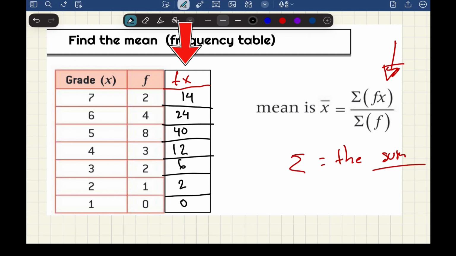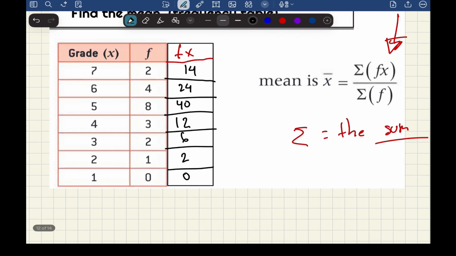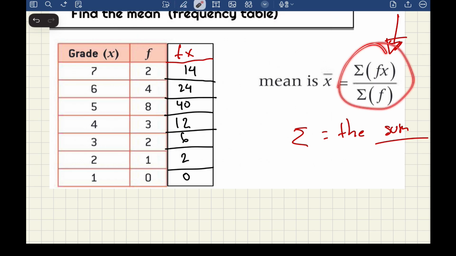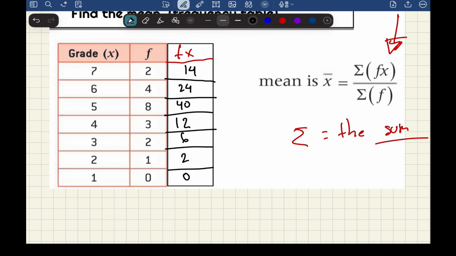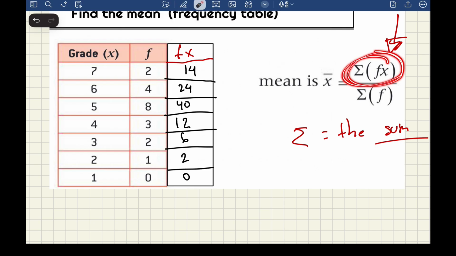Now that we have this new column, we are going to follow the formula. This is the sum of the multiplication divided by the sum of the frequency.